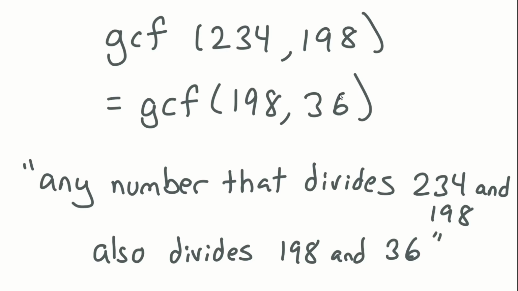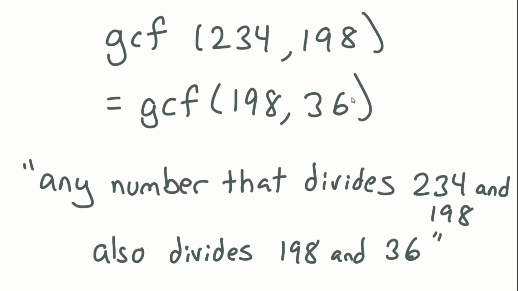Another way of saying that is, any number that you can divide 234 and 198 by is also a divisor of 198 and 36, which is not obvious. Why would that be, right? But you can see that it's sort of true.